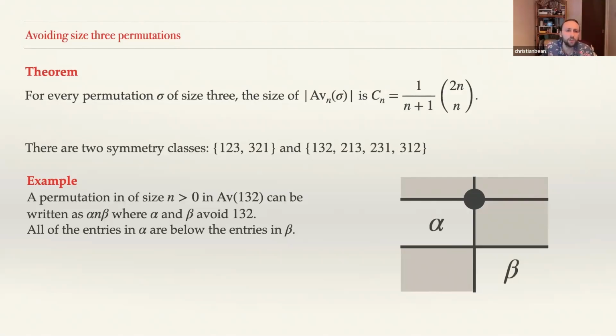And if you stare at this long enough and you think about the pattern 1, 3, 2, you can convince yourself that there's no way of creating a 1, 3, 2 crossing from the alpha to the beta. So this gives a full structural description of the non-empty permutation class Av(132).